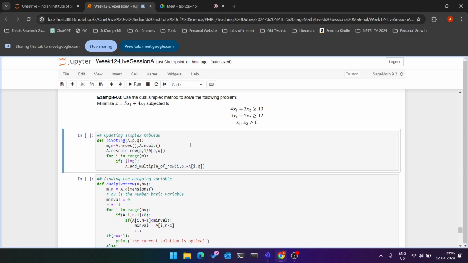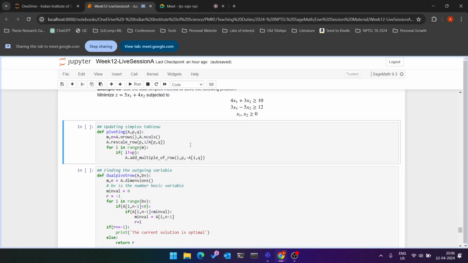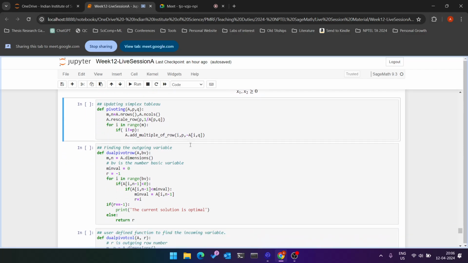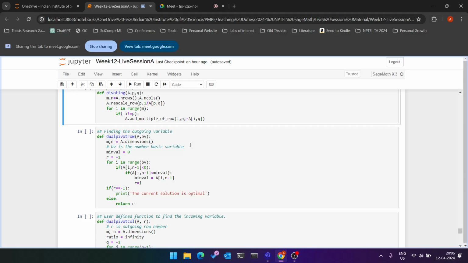So we first define, again, my pivoting function, my dual pivot row and dual pivot column functions, to be used later in the code.